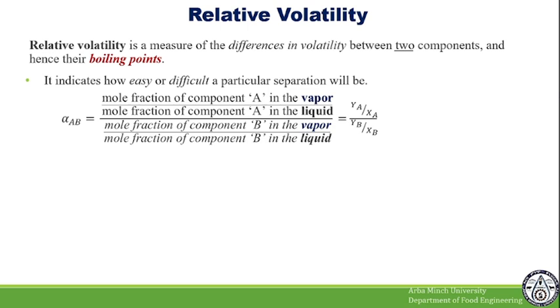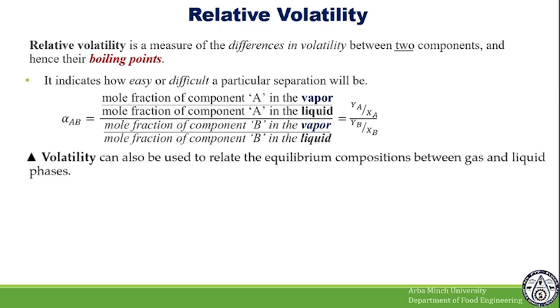Simply, we can also write this as the vapor pressure of the more volatile component in the numerator, and the vapor pressure of the less volatile component, which is B, in the denominator. By the equation, alpha equals (yA over xA) over (yB over xB).